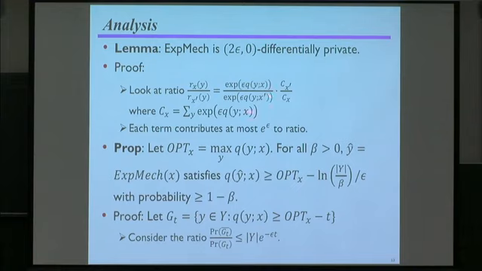The top term is at most e to the epsilon, and at least e to the minus epsilon, because Q changes by at most 1. The ratio of these 2 normalization constants is also at most e to the epsilon and at least e to the minus epsilon, because it's a sum of terms, each of which changes by a factor of at most e to the epsilon. So when you do this arithmetic, each of these terms changes by at most e to the epsilon, and their product changes by at most e to the 2 epsilon.